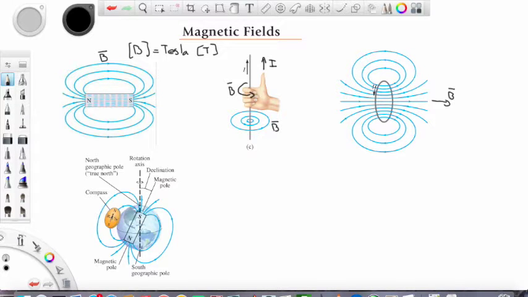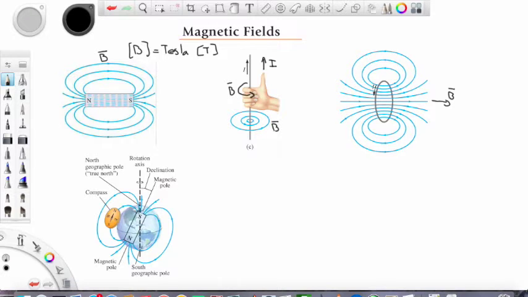And if we place a magnetic needle, like in a compass, it will experience a torque in the magnetic field in such a way that it tries to align itself with the magnetic field lines. So hence the compass indicates to us the direction or the axis between the north and south magnetic poles.